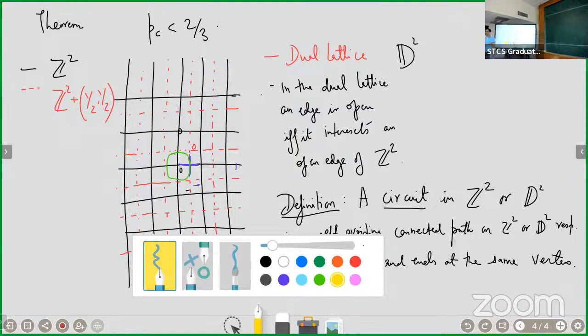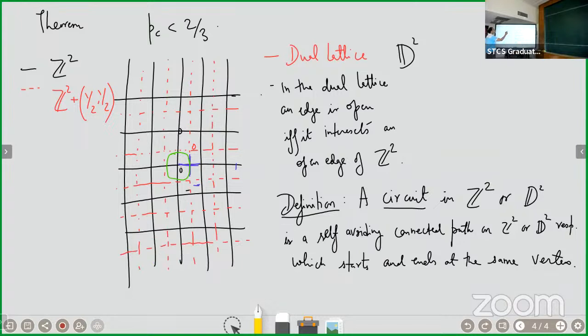I'll just draw it so that we know what a circuit is. Suppose I'm starting from here. Where should I go? This is the circuit. Started here.